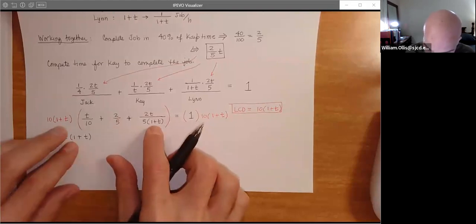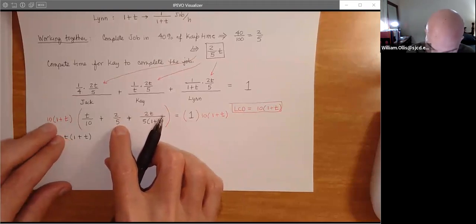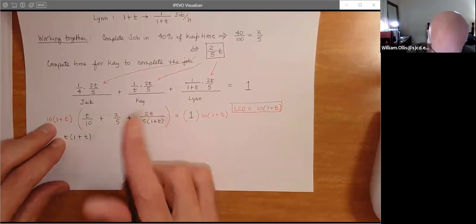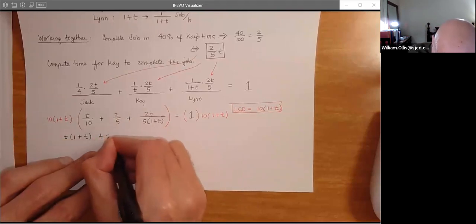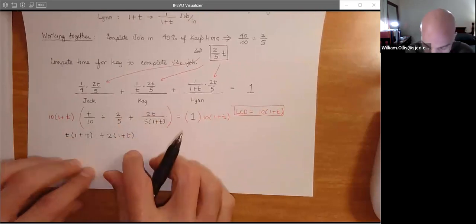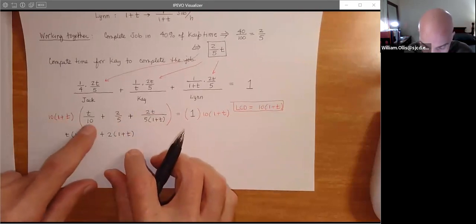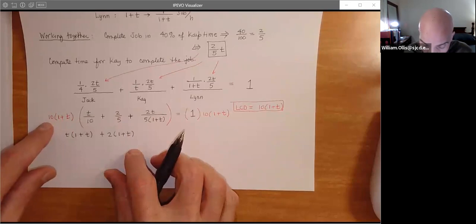And now when we look at this one, it's kind of not the best. The 5 absorbs into the 10 to leave us a 2. So this will give us plus 2 times 1 plus T. Again, remember here, the 10s absorb and we're left with T times 1 plus T.